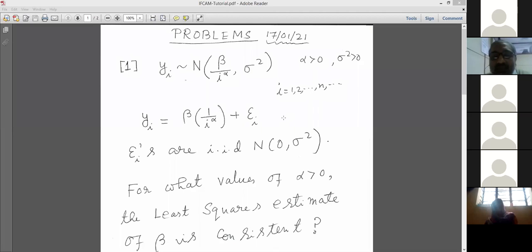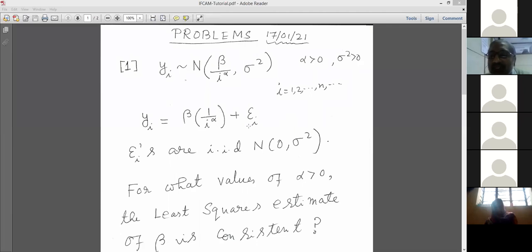Sir, summation yi by i to the power alpha divided by summation yi square into summation of 1 by i to the power 2 alpha. No. Why do you have yi square in the denominator?